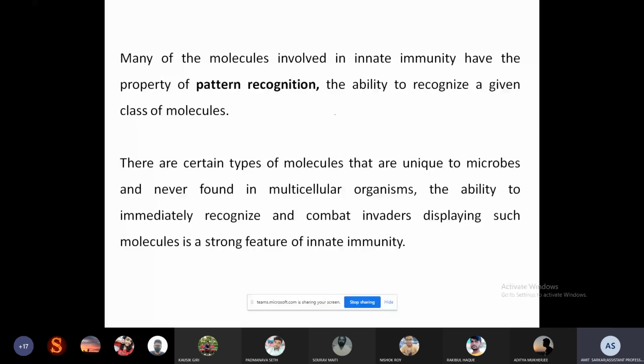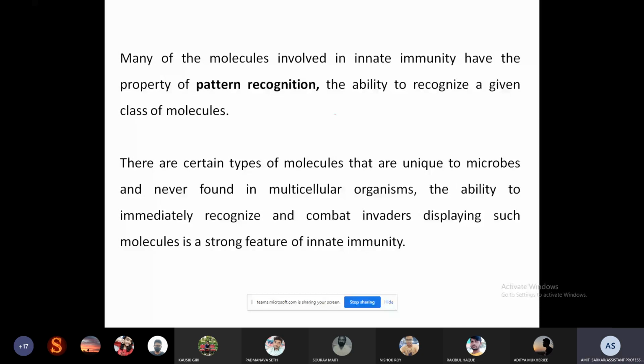It does not understand what is bacteria, what is virus, and what is fungal, etc. It cannot distinguish between E. coli or Salmonella, Staphylococcus, different types of bacteria. It does not know about different variants or strains of a particular bacteria or virus. Only a couple of things, a couple of logics they have: I will be looking whether these particular molecules are present on the cell or not.